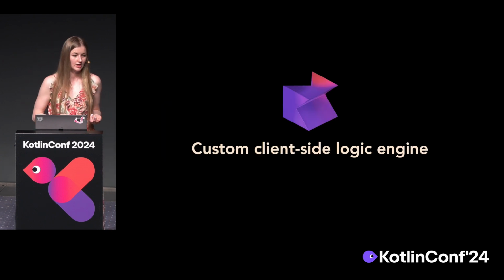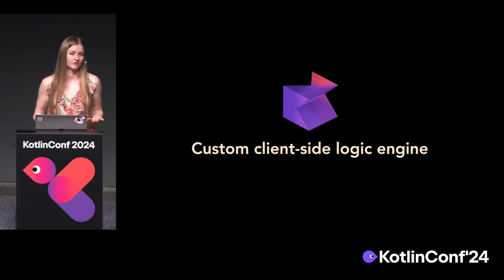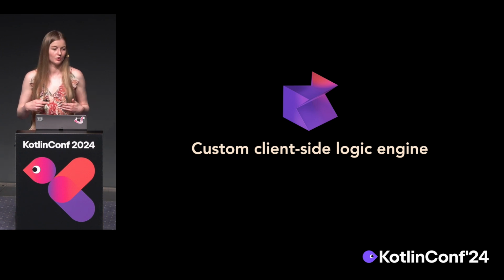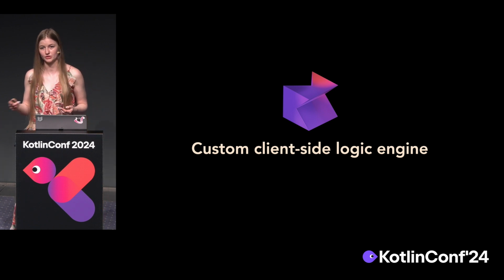But all in all, the whole project was successful and we managed to implement it on time. And it helped us to ensure that developers can use this platform safely, even if they need to add some client-side logic or something a bit more complicated to their screen.